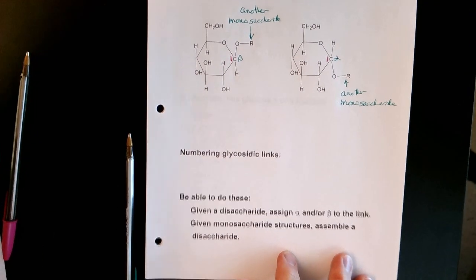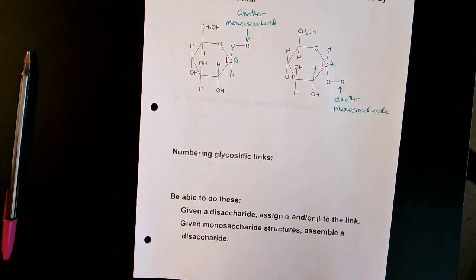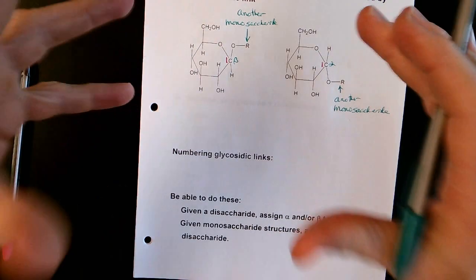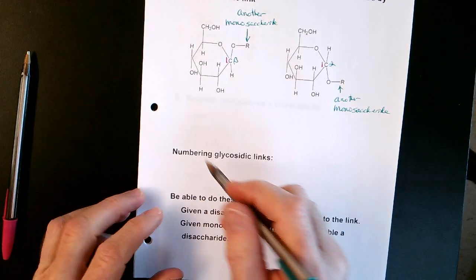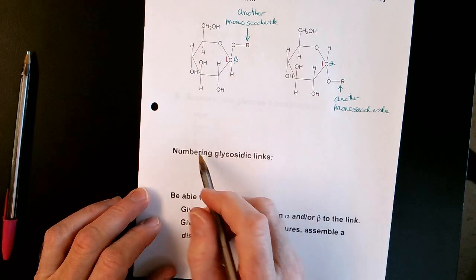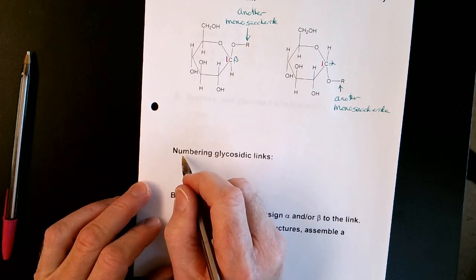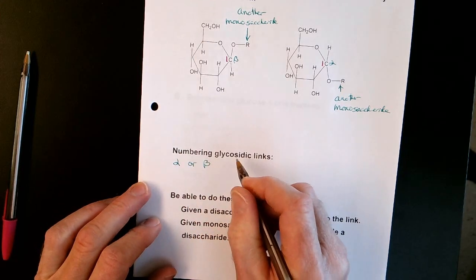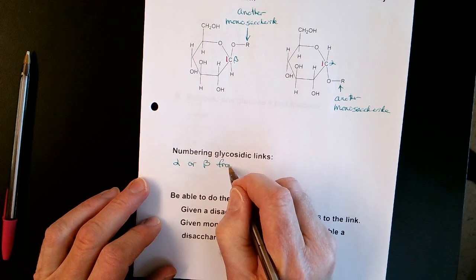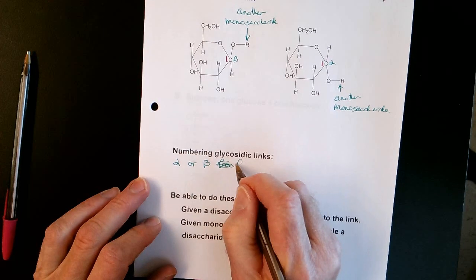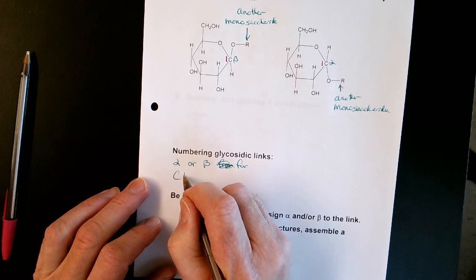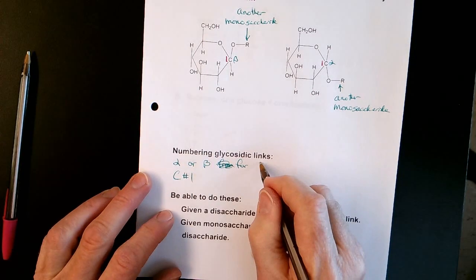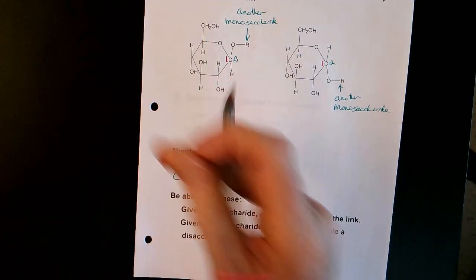There are enough of these, and they are important enough that there's a set of terms that has come up just around this version, things linked at carbon number 1. So you start by numbering them, and you need to make sure that you talk about alpha or beta for carbon number 1. That's part of what goes into the numbering. And that's where you start.